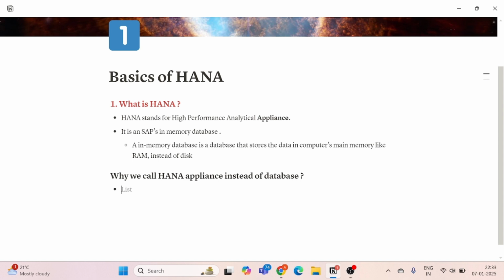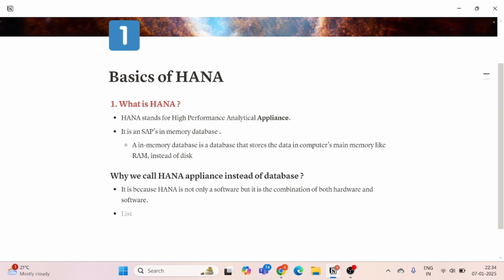The simple answer is because HANA is not only a software, but a combination of both hardware and software.